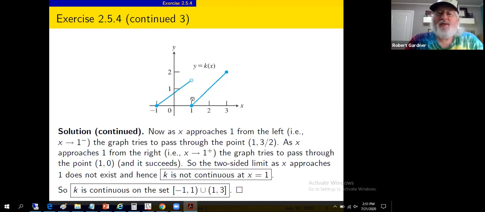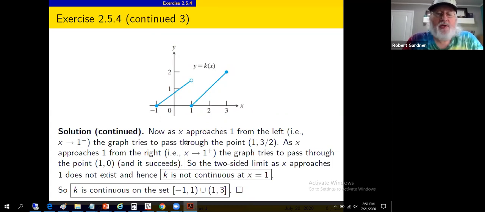The function tries to pass through a single point and succeeds. There's not a single point it's trying to pass through. When we look at values of x near 1, I get 2 different points and we got a problem. And obviously that's not what I want to call a function continuous at 1. We'll classify this as a jump discontinuity shortly.